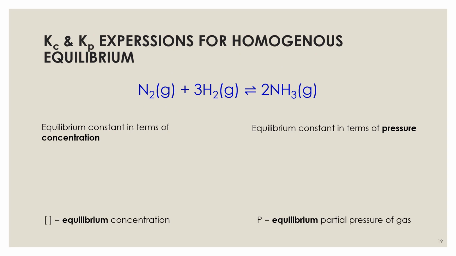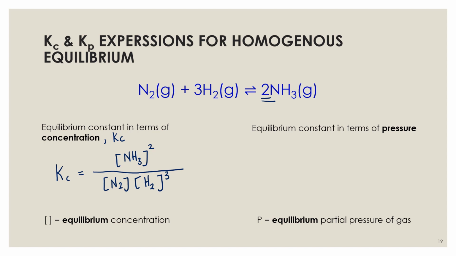So in order to write the equilibrium constant in terms of concentration, Kc equals the concentration of the products raised to some powers according to the stoichiometric coefficient, divided by the concentration of the reactants raised to the power according to the stoichiometry ratio. So this is the equilibrium constant expression in terms of concentration, Kc.